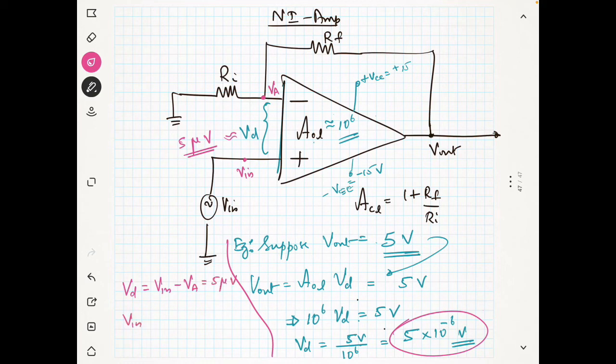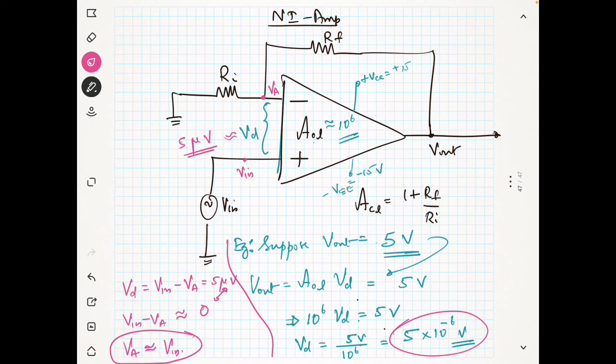That means my V in minus VA is approximately 0. 5 microvolt is a very small number and approximately 0. You see here my output voltage is a large voltage, which is 5 volt, but my VD is 5 microvolts, very small. That means my VA will almost be the same as V in.